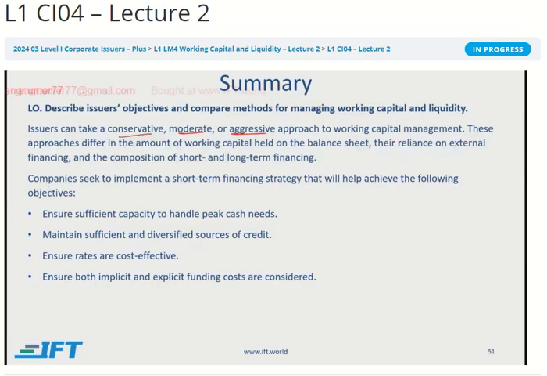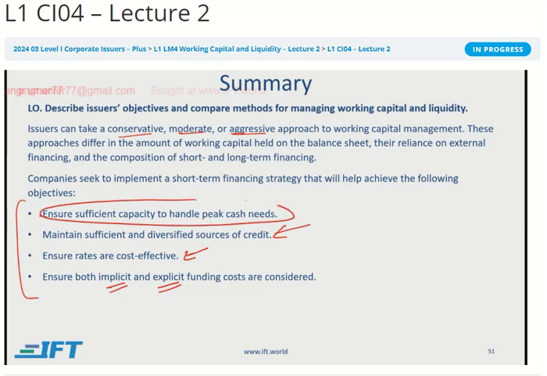And we talked about how a company can go about managing their short-term financing, where they should know what are the sources of their short-term financing, what are the costs of those, such as both explicit and implicit costs, such as those for your commercial paper, and what is the level that is going to be there of these cash needs.